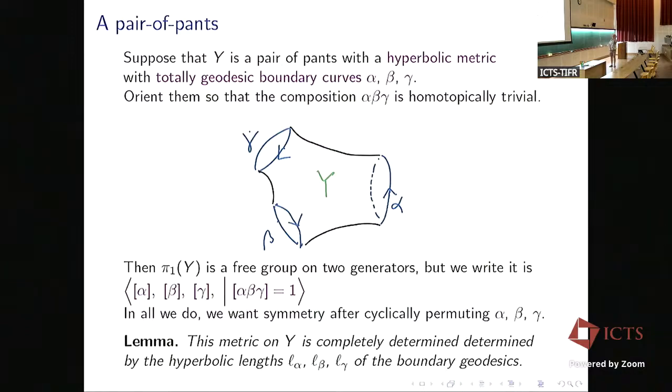It all shrinks down to a point around the back. So I'm going to think about it as those three generators and that relation. And because I'm thinking of homotopy classes, I'm writing it in homotopy class notation.